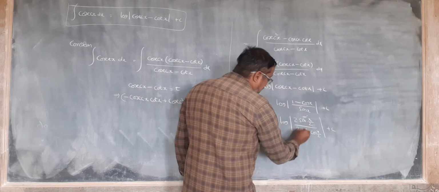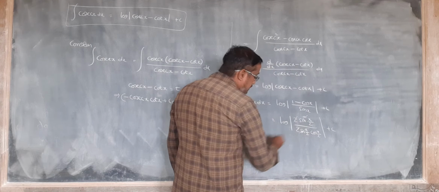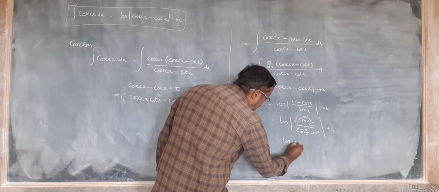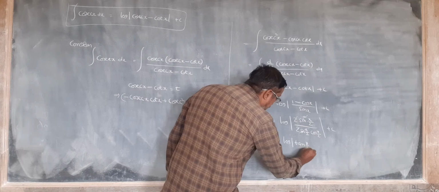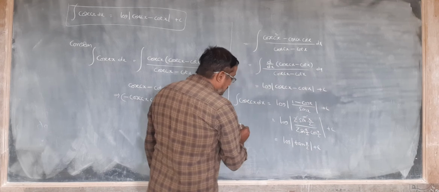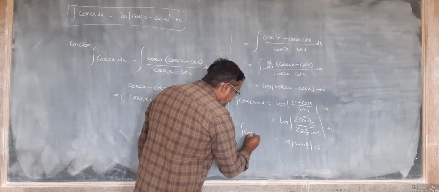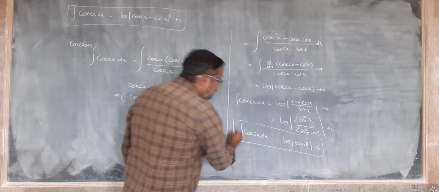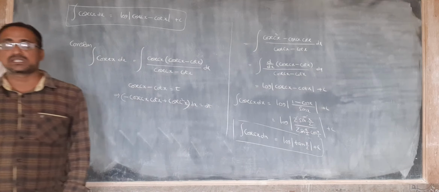Here sin x by 2 and 2 is cancelled. So the result is log mod tan x by 2. So we have another formula for integral cosecant x dx, that is log mod tan x by 2 plus c.